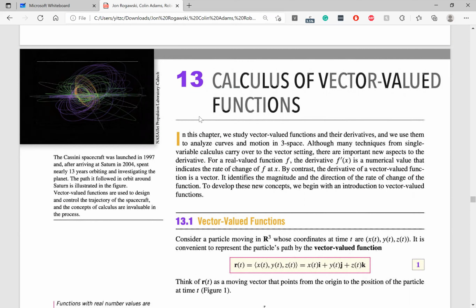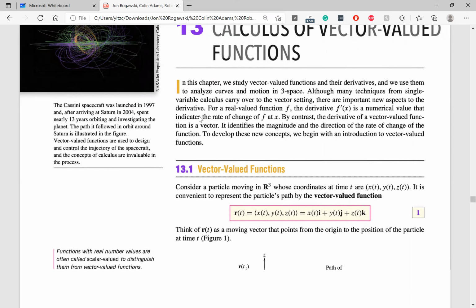So a vector valued function is a curve in R3.